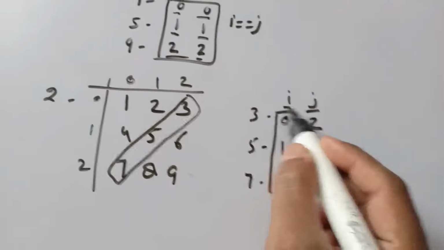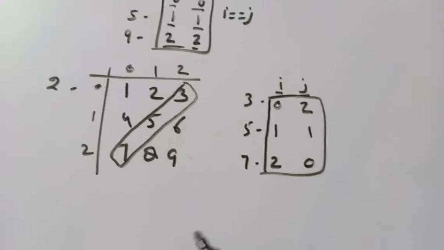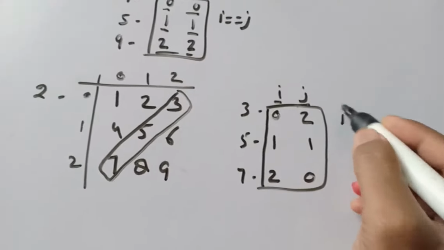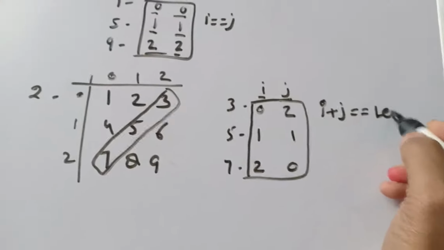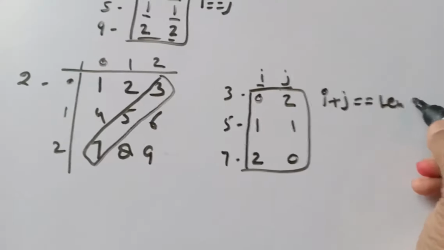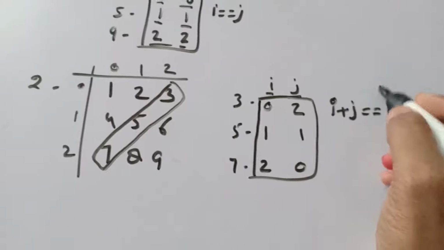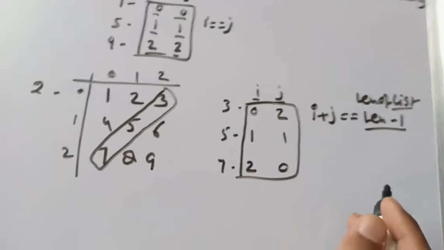Just try to find out the relation here. In this case, what I found is I plus J equals len of list minus 1. Len means length of list, minus 1.